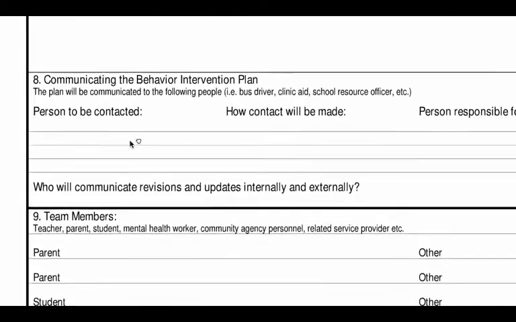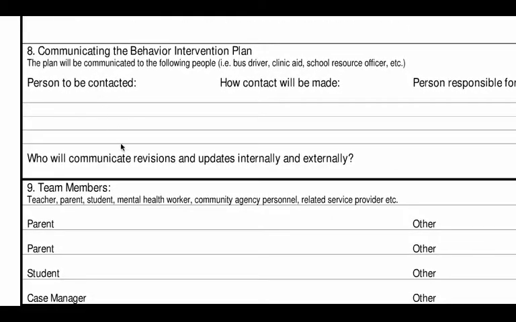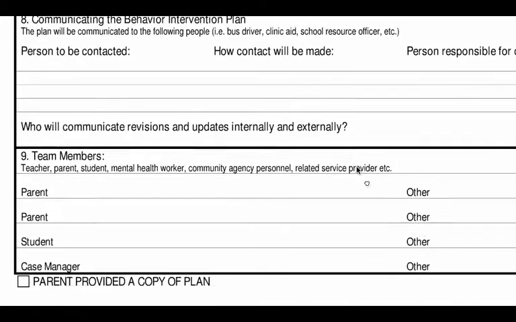And then finally, you're identifying how to communicate with the behavior intervention team, who should be contacted to inform them of this plan, how they'll be contacted, who the person is that's responsible for doing that contact, and who will communicate revisions and updates of the plan. All these things have to be choreographed. All of these things have to be mapped out in advance, and there's got to be clarity in terms of who's responsible for what before a behavior intervention plan is responsibly implemented.